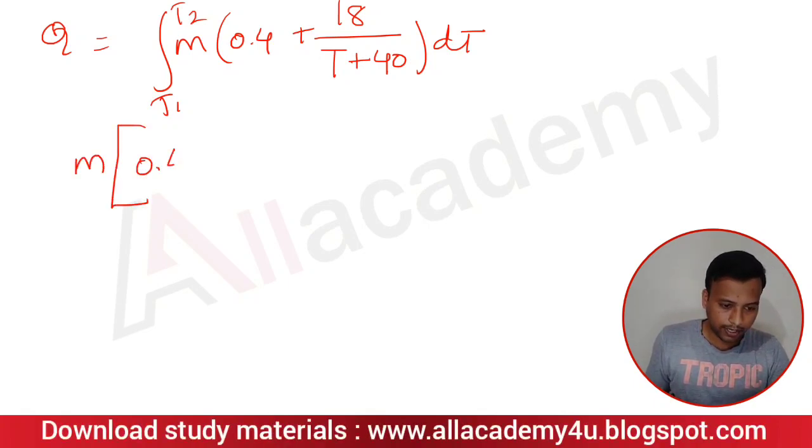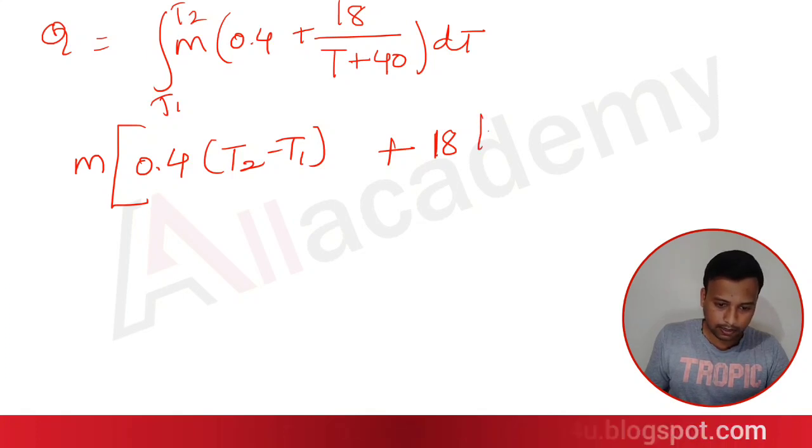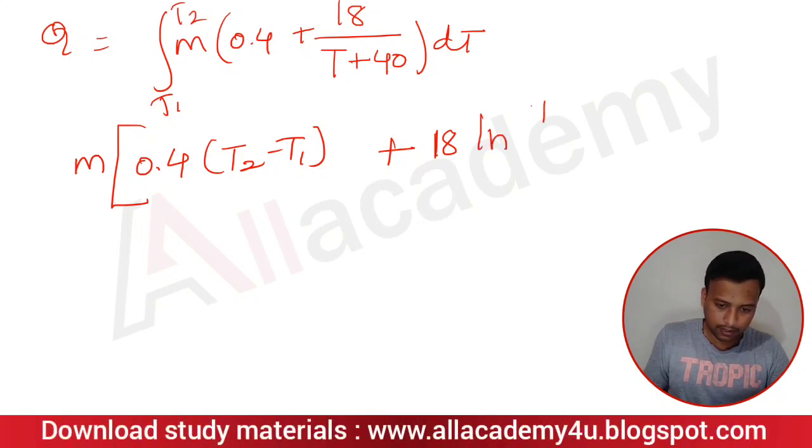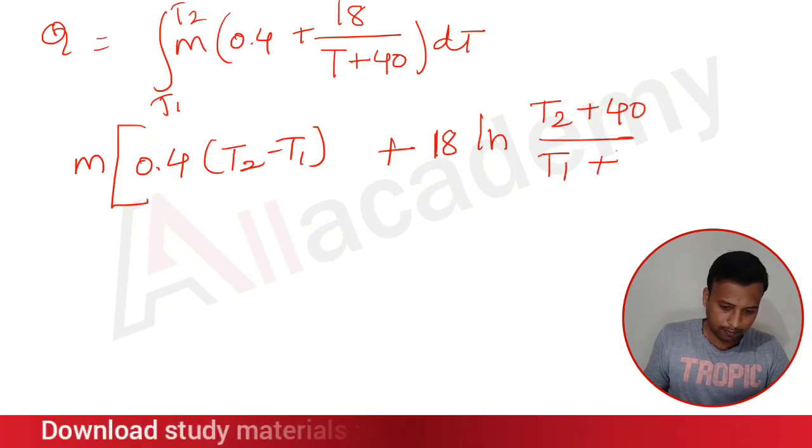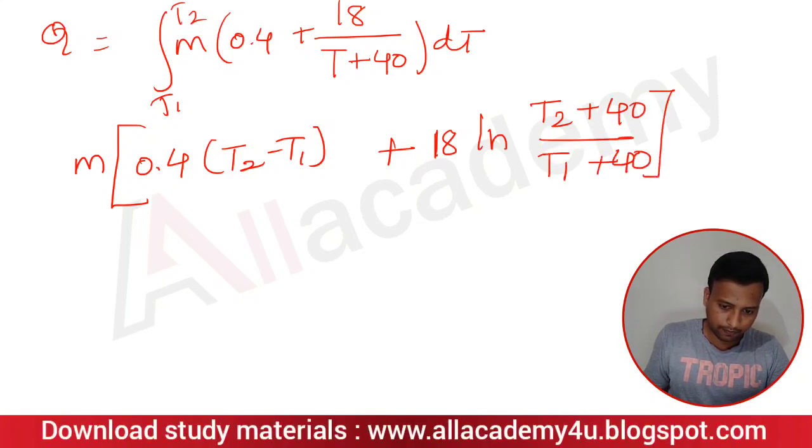Now it is 0.4 into (T2 minus T1) plus, taking 18 outside, 18 ln of (T2 plus 40) divided by (T1 plus 40), from T1 to T2.